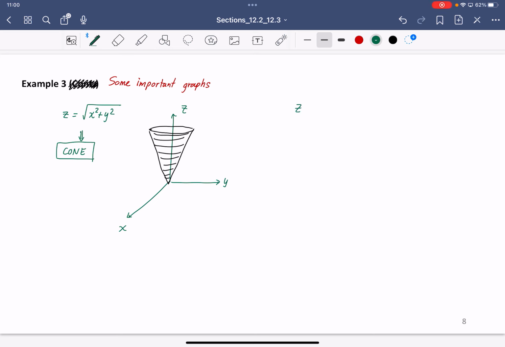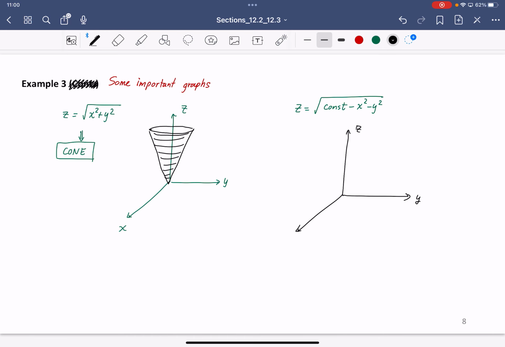If you have c equal to square root of constant minus x squared minus y squared, this is going to give you a half sphere.